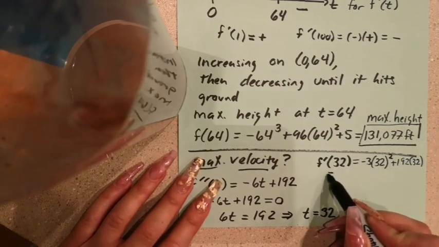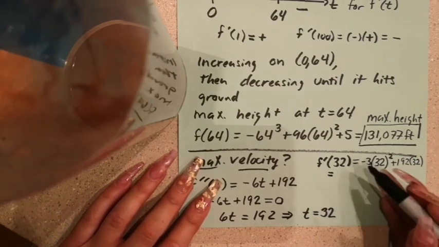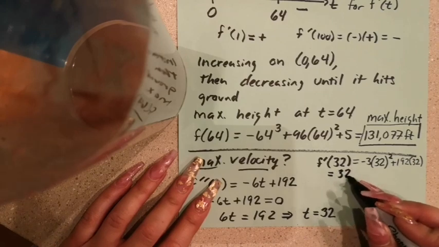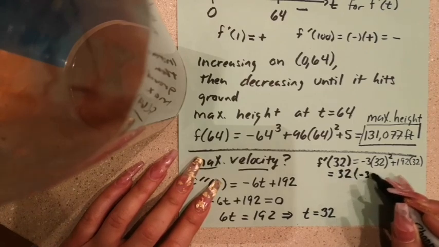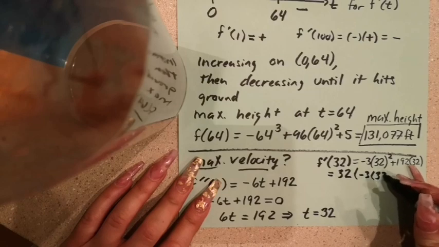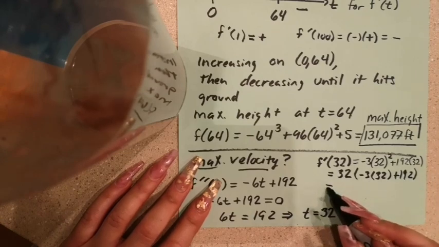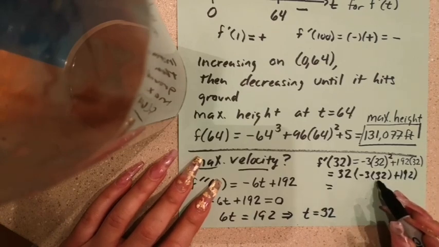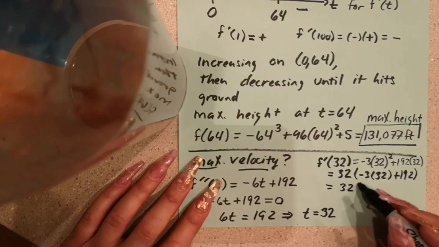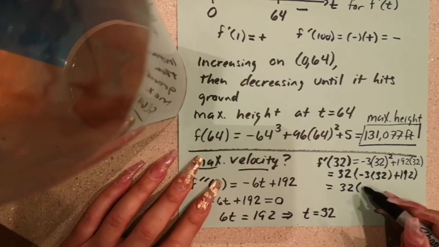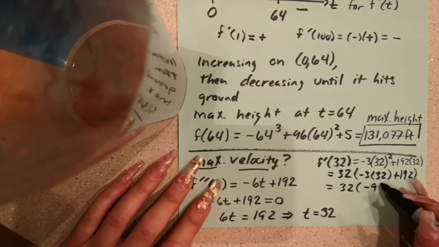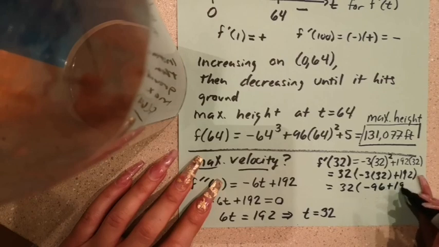Can I get this one without a calculator? Let's see, if I factor out my GCF, my 32, I'd have a negative 3 times a 32 plus a 192. So that would be, let's see, what is that? Negative 96 plus 192.